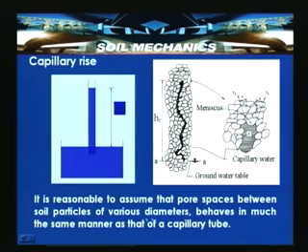So, it is reasonable to assume that pore spaces between soil particles of various diameters behave in much the same manner as a capillary tube immersed in a vessel of water, where the water surface in the vessel represents the free surface, which is the groundwater table surface.